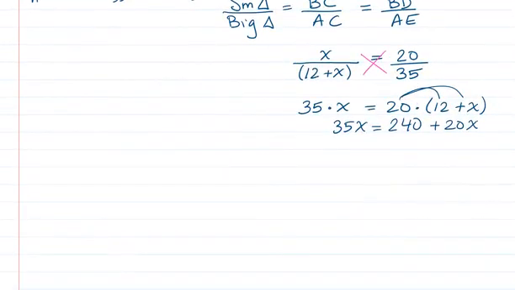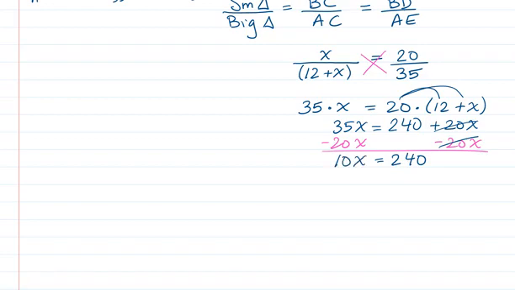All right, and solve for X, just like you normally would when solving an equation. We need to subtract 20X from both sides. 20X minus 20X gives us 0, and we're left with 240 on the right-hand side. 35X minus 20X is not 10X, but 15X.